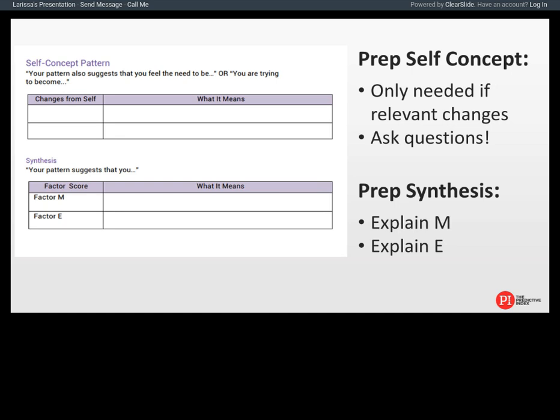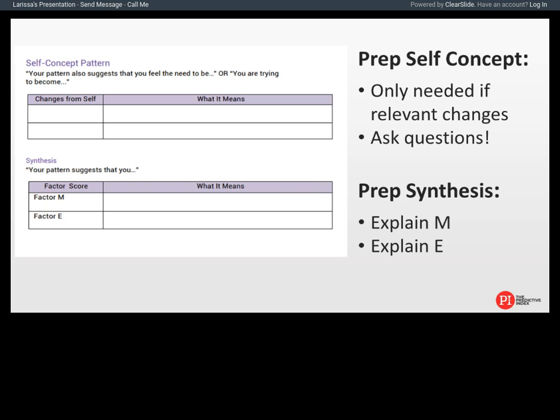And then finally, on the synthesis, that's where we look at the whole M-score as well as that E factor. So if there's something interesting about the E, or just simply explaining that the E is the indicator of whether you tend to lean towards objective or subjective data when making a decision. If it's inside their pattern, as a reminder, they can go either way.